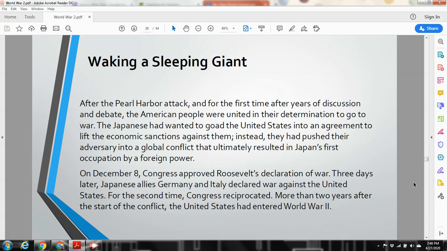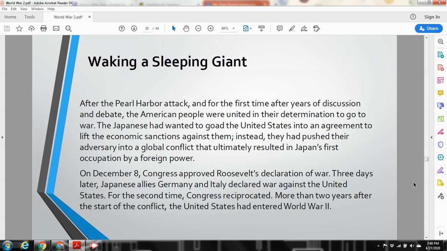So it was said that one of the military men, the generals for Japan, said that he woke up a sleeping giant, and he's referring to the United States as a sleeping giant. And it did. It wasn't a good result for the Japanese.